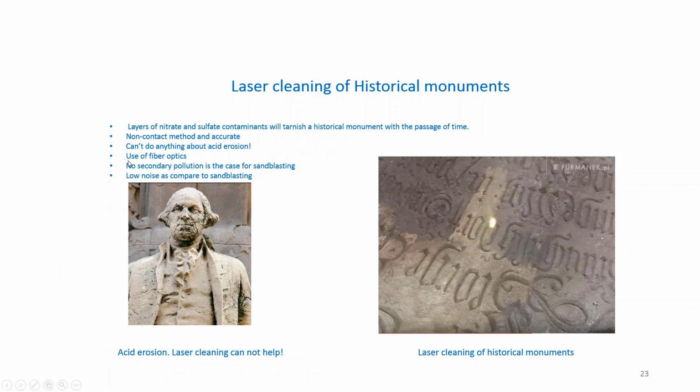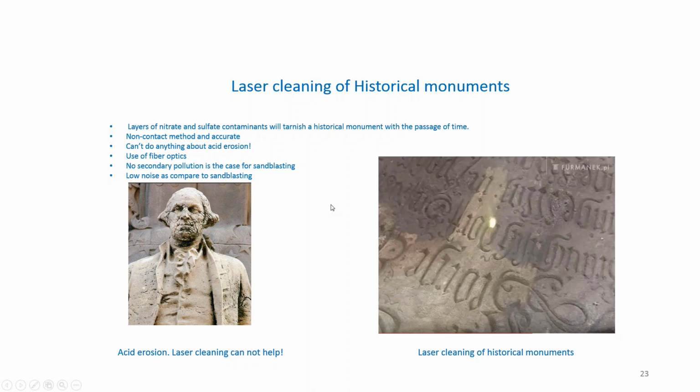It cannot do anything about acid erosion, because the acids cut deep into the structure and eat up the material. So once it's been attacked by acid, nothing can be done. There is no secondary pollution in the form of contaminated water or debris that has to be cleaned, and it's low noise. This statue here is the one that has been attacked by acid, so there's not much you could do about this one. But here is laser cleaning of a historical monument shown here, and the laser beam is shown on this side.